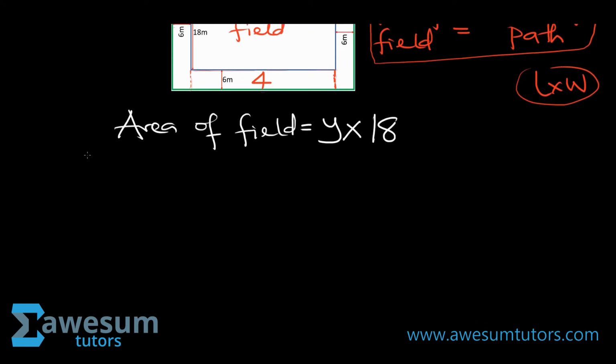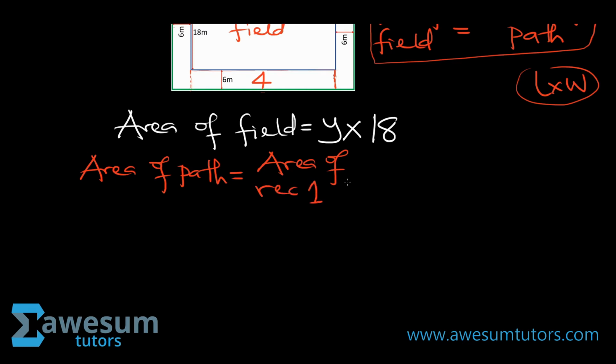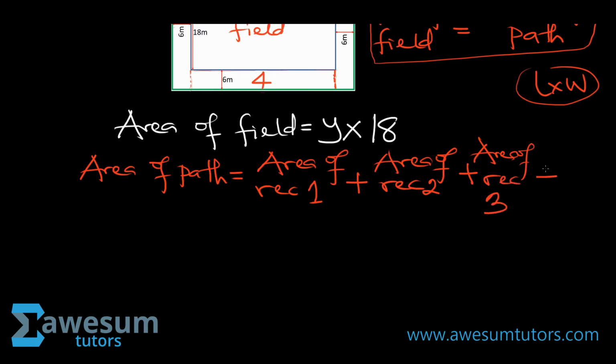So we are going to say area of path equals area of rectangle 1, that's rec 1, plus area of rec 2, plus area of rec 3, plus area of rec 4.